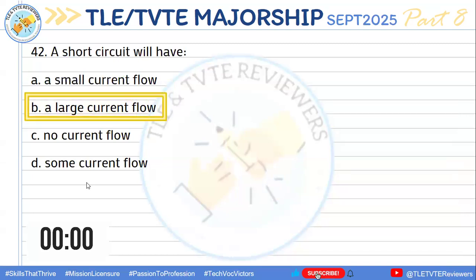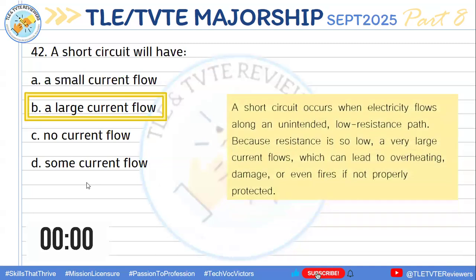Answer letter B, a large current flow. A short circuit occurs when electricity flows along an unintended low resistance path. Because resistance is so low, a very large current flows, which can lead to overheating, damage, or even fires if not properly protected.